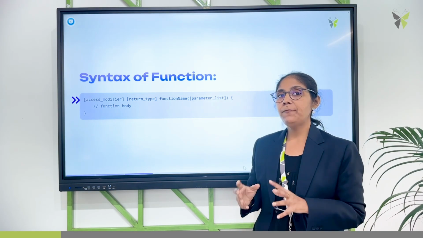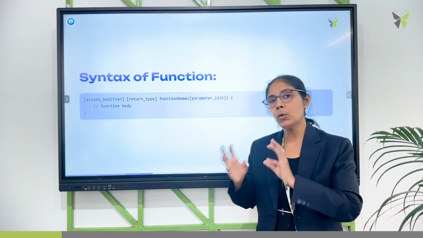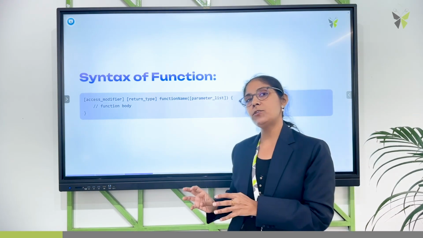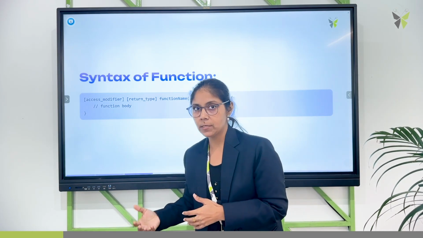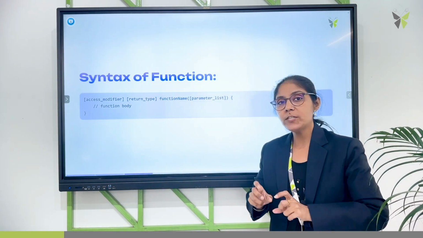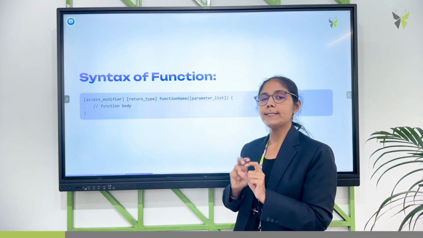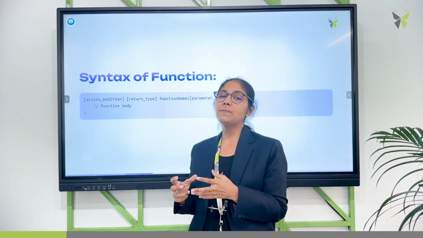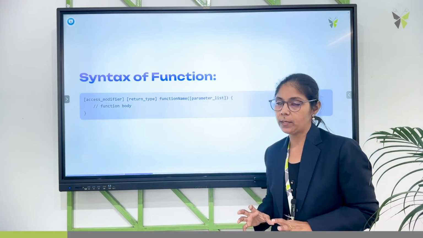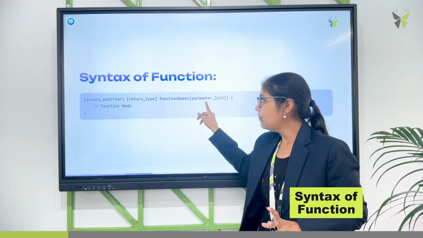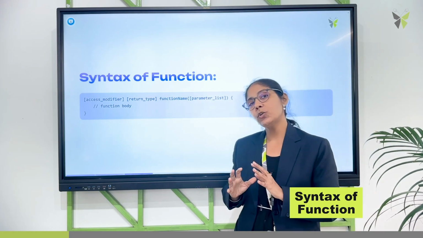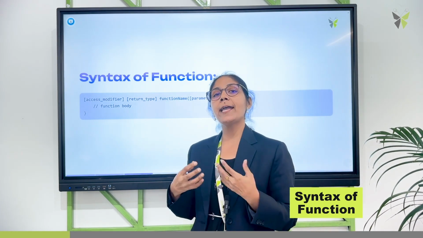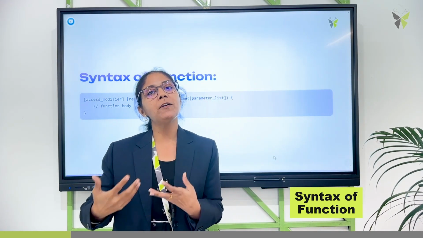The function name follows the same naming rules and conventions that we have seen for variables. The first word should be completely lowercase, and from the second word onwards, the first letter should be in capitals. That is the camel case that we follow here. Make sure that your function name is a verb, in the sense of an action: what exactly is this function going to do?